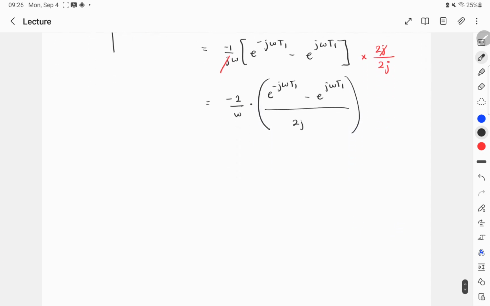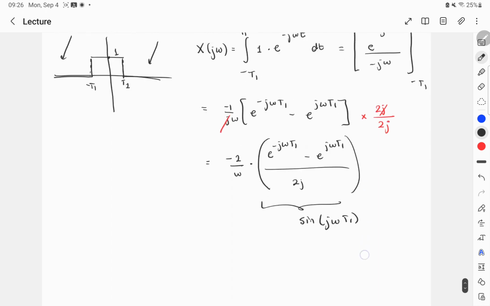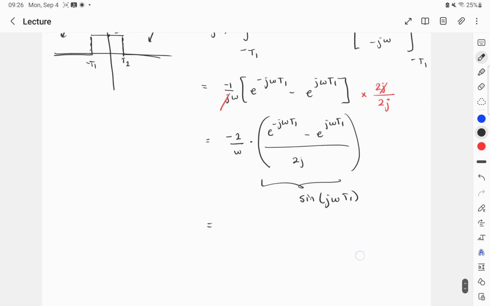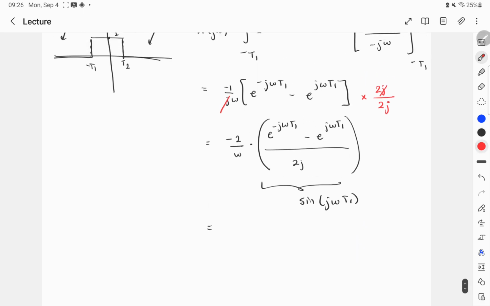So I want to ask you something. What is this equal to? This is equal to the sine of wT1, right? So this was a trick to actually simplify this equation. So eventually we will have, and I also need to emphasize, we will multiply both sides with negative.